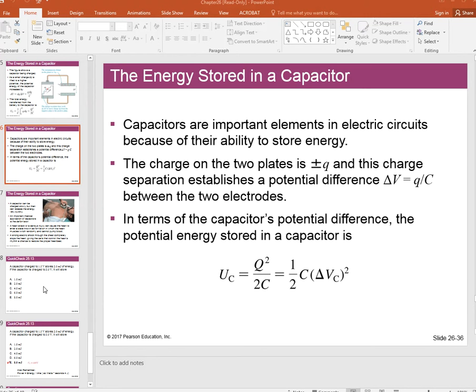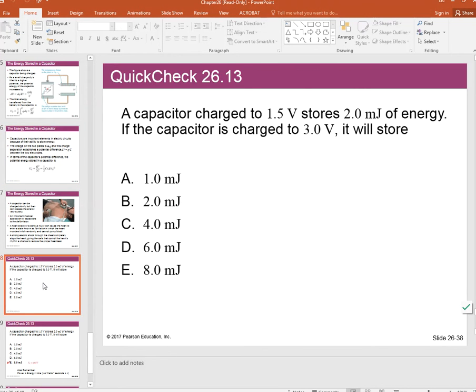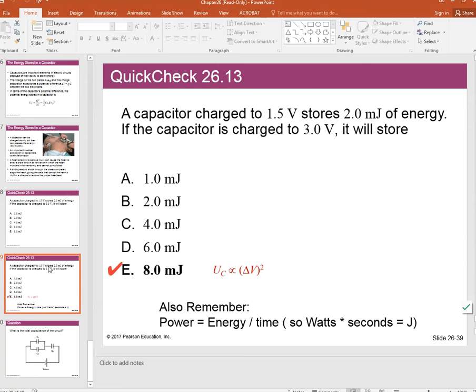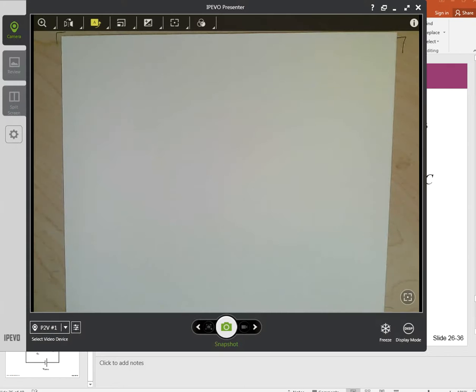In one of the example problems we went through, we took the voltage drop across the capacitor and doubled it to 3 volts, and we found that the amount of energy doesn't just become twice as much, it in fact becomes 4 times as much.